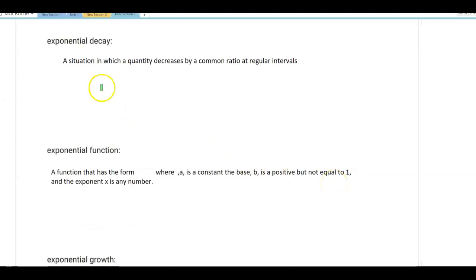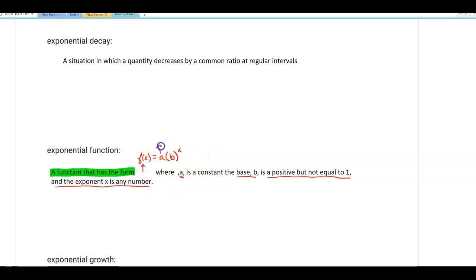So we also have exponential. Compound interest is based off an exponential function. And an exponential function is a function that has the form, and I'm going to write this in, f of x equals a times b to the x, where a is a constant, and the base b is positive but not equal to 1, and the exponent x is a number.